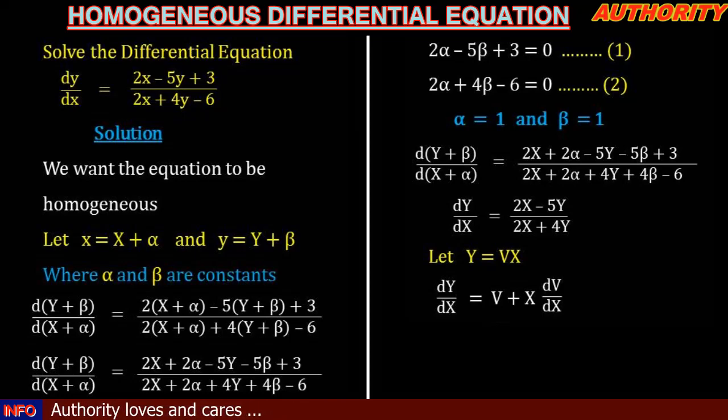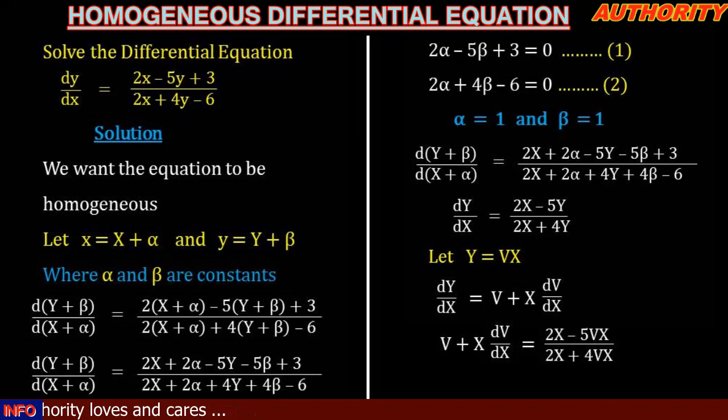In place of dy/dx, we replace with v plus x dv/dx equal to 2x minus 5, in place of y we have vx, all over 2x plus 4, in place of y we have vx. So this is the function we have: v plus x dv/dx equal to (2x minus 5vx) all over (2x plus 4vx).